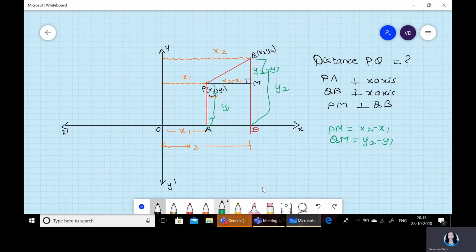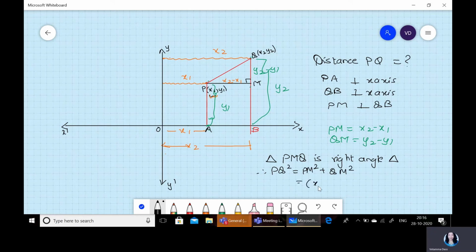You know that here triangle PMQ is a right angle triangle. If it is a right angle triangle, can we apply the Pythagoras theorem and find PQ square? Therefore, PQ square equals PM square plus QM square. So we apply the Pythagoras theorem.